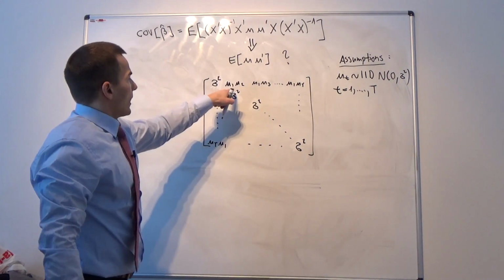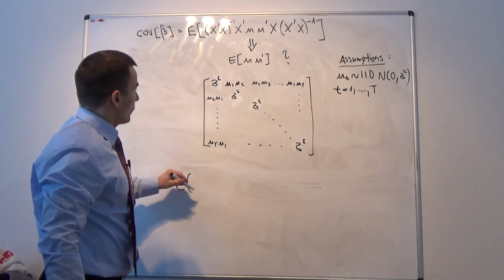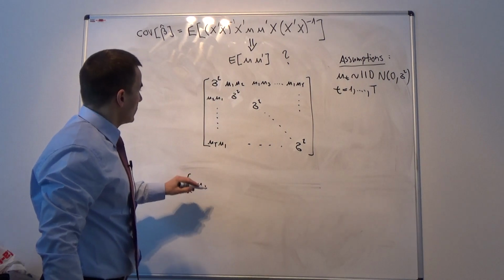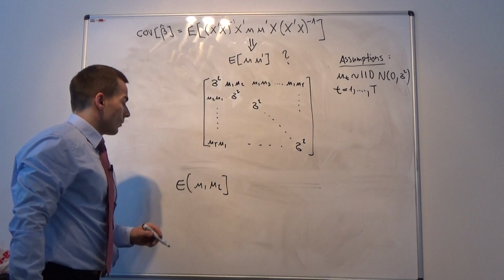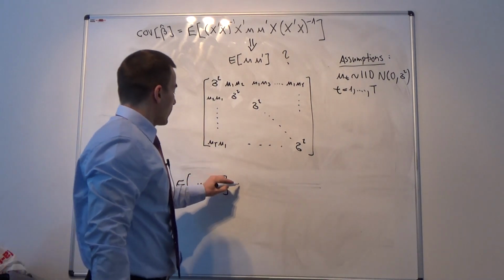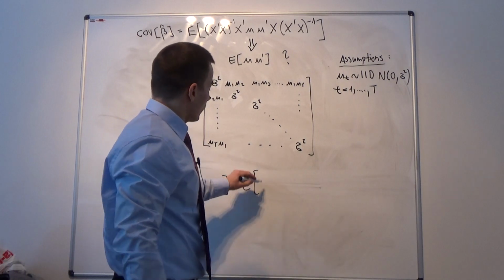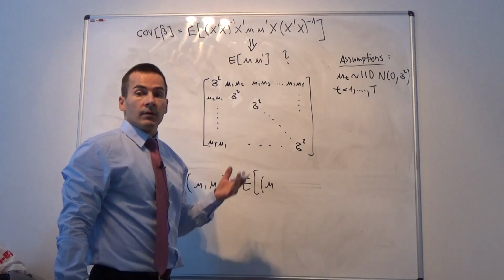Well, what about the second guy here? U1, what's the expectation of U1 times U2? Well, what we can do is the same trick. We can expand it by 0.